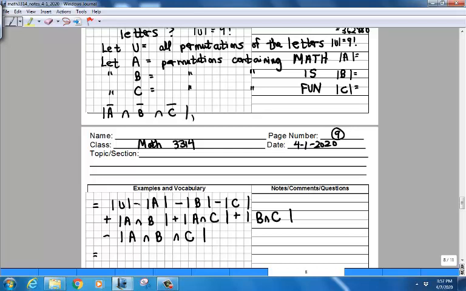So if I can compute all of these cardinalities, just insert them into this formula, do the addition or the subtraction, and do the arithmetic, in other words, then I will know how many permutations there are that don't contain the words math or is or fun, right? Okay.